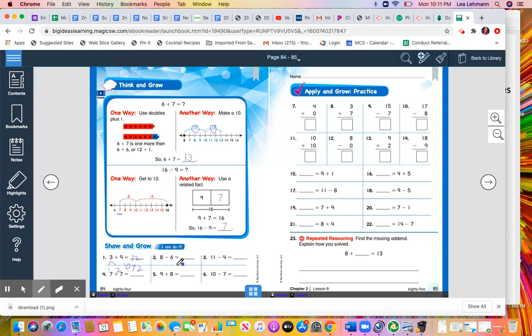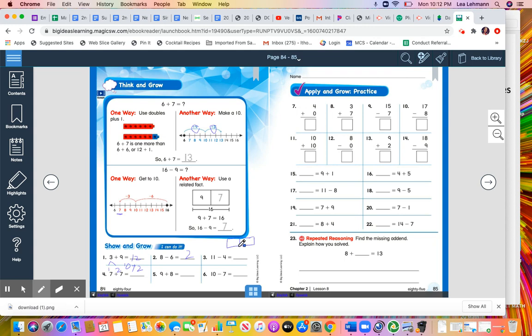Okay, let's see about this one. 8 minus 6. Well, I'm just going to probably use a number line. Okay, and I have a number line, so I'm just going to use that. You can't see it, but I'm going to go back 6, and I'm going to get 2. How about this one? I have 11 minus 4. Let's say I used my part whole.